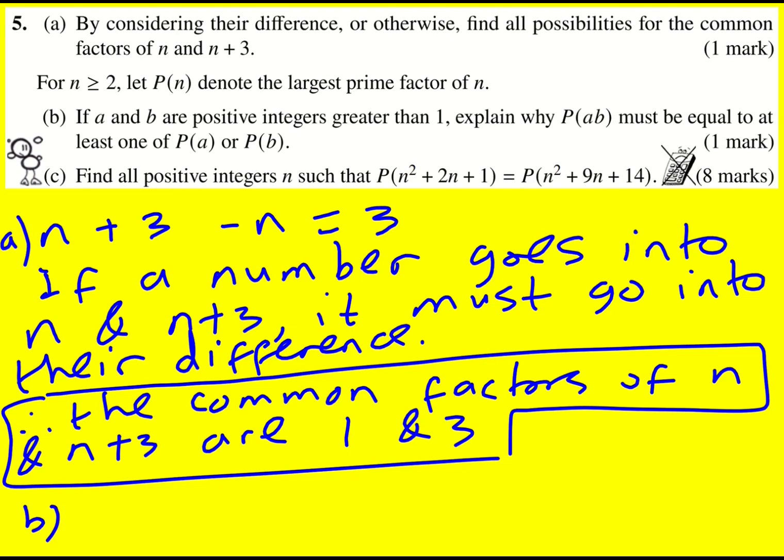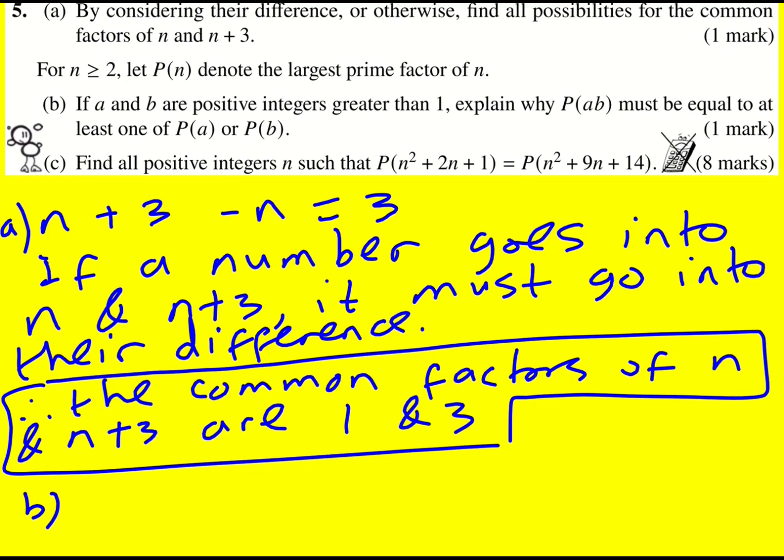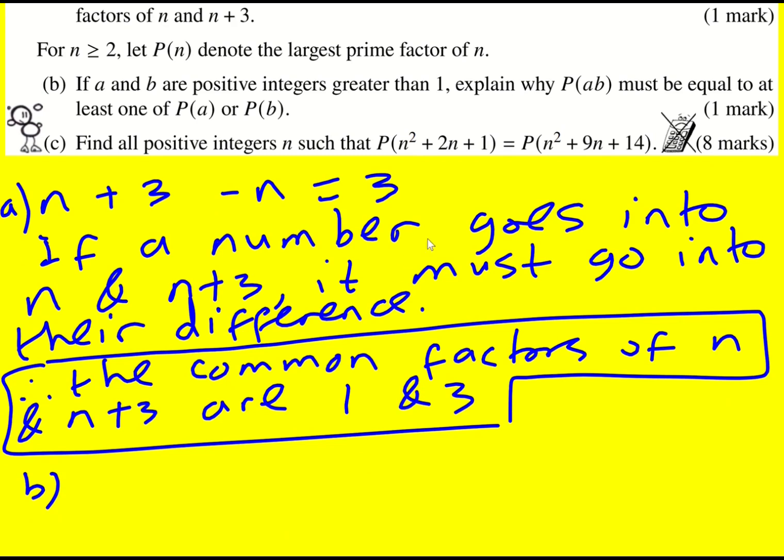Part B, we're told that n is greater than or equal to 2 and P(n) denotes the largest prime factor of n. If a and b are positive integers greater than 1, explain why P(ab) must be equal to at least 1 of P(a) or P(b).